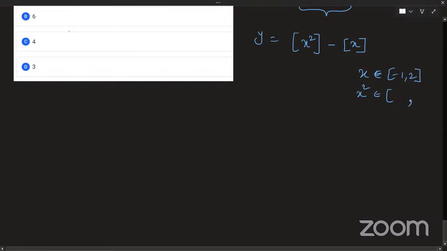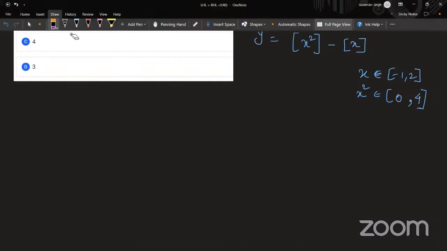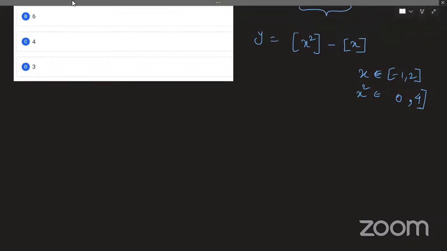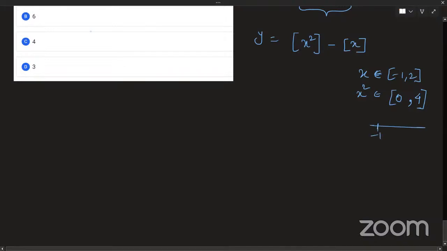Think again. It is -1 to 2. It will be 0 to 4, right? Because you have 0 also. In -1 to 2, 0 is also part of this, right? Yes, sir. So 0 to 4, because you have got all numbers.